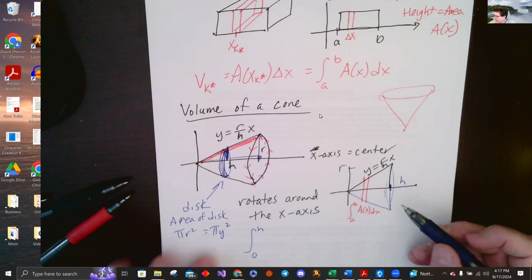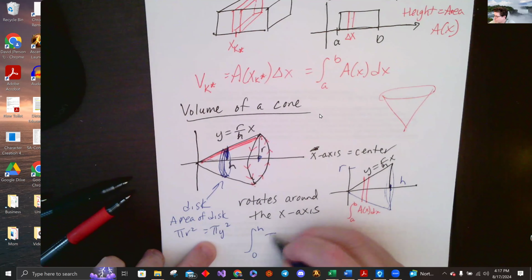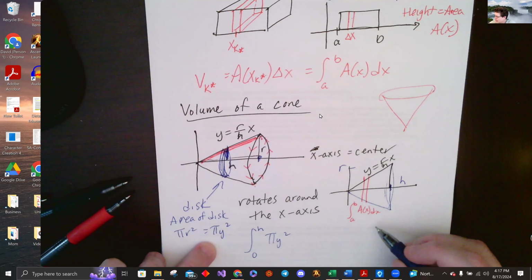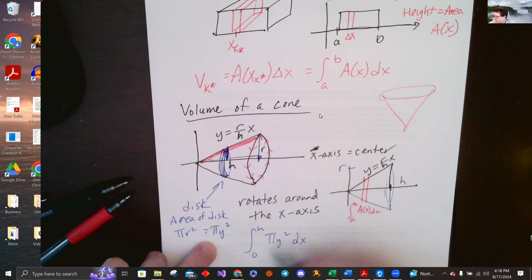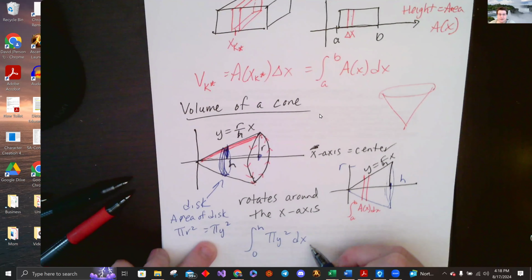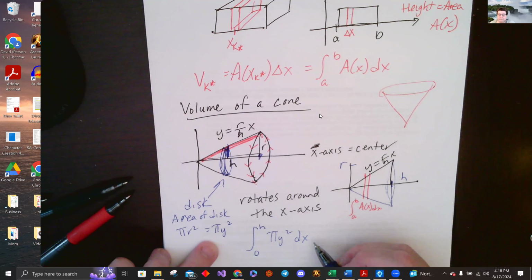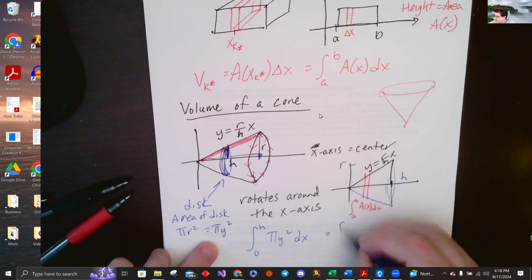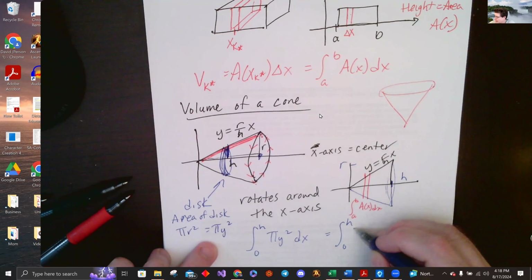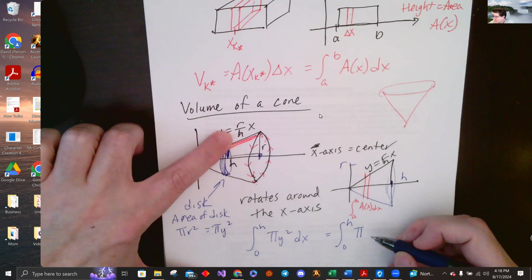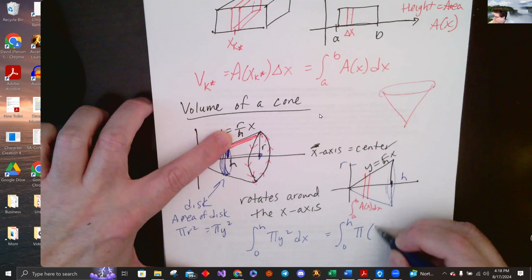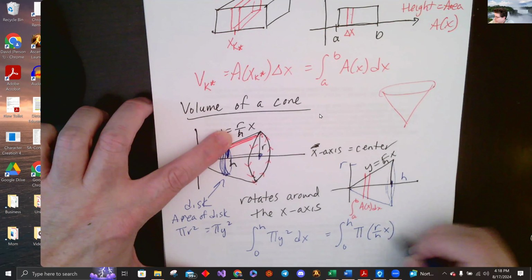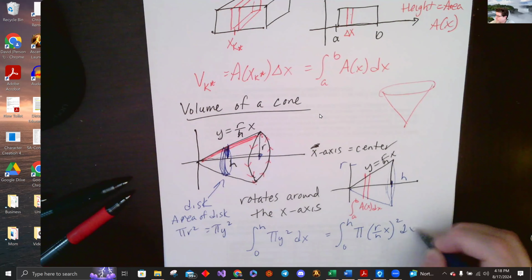We want the area of pi y squared times our dx. But these are in terms of different variables, so we've got to make them in terms of the same variable. So 0 to h of pi, this is my y, r over h x squared dx.